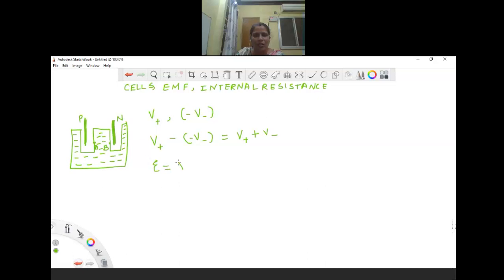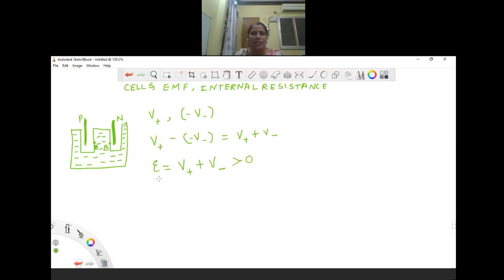So the potential difference between the positive and negative electrode is the EMF when no current is drawn from the cell, and this is greater than 0.